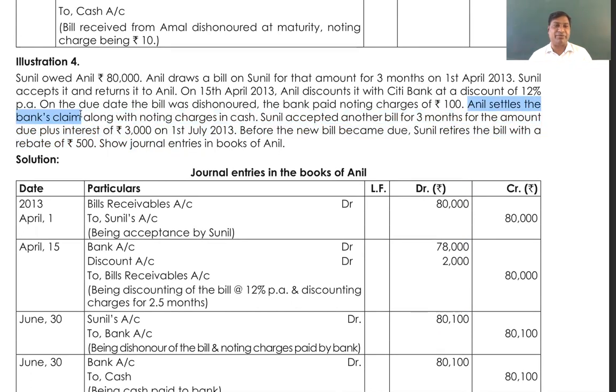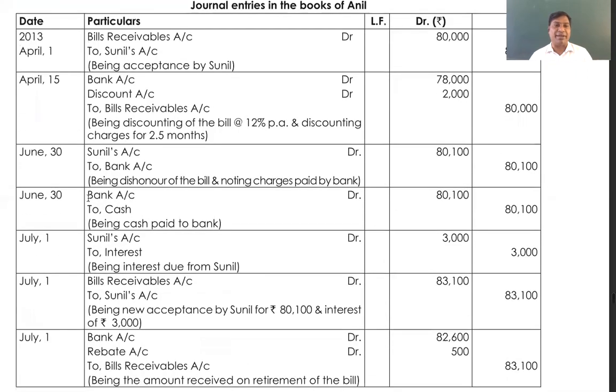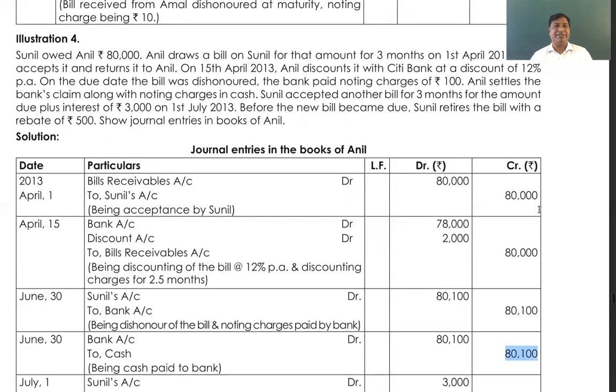Anil settles the amount with the bank along with noting charges in cash. He pays cash. So therefore, bank account debit, 80,000, because although he received 78,000, he owes 80,000 since the bill worth is 80,000, plus 100 noting charges, to cash. He pays in cash. Okay, this is over.